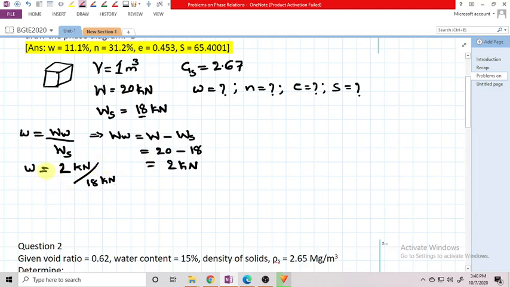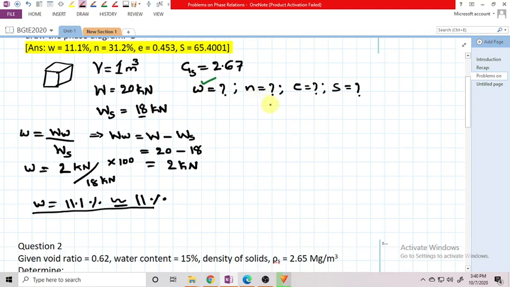Water content we always express in terms of percentage, so let me multiply by 100. Your water content will be 11.1 percent, which you can take as 11 percent. So that is your water content. The first thing is done, right? Water content is over.